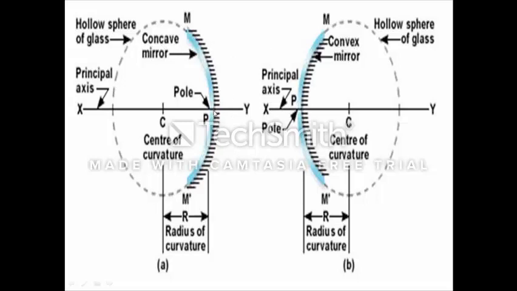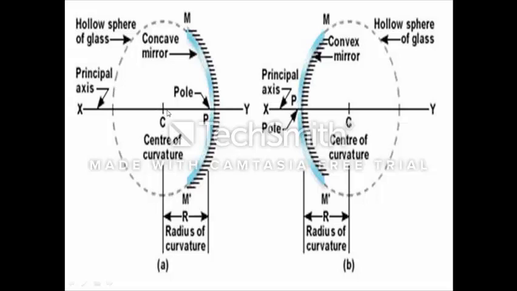The middle of the mirror is denoted by P, which is known as the pole. This is the center of the hollow sphere of which the mirror is a part, and this center is known as the center of curvature. So how will we define the center of curvature?